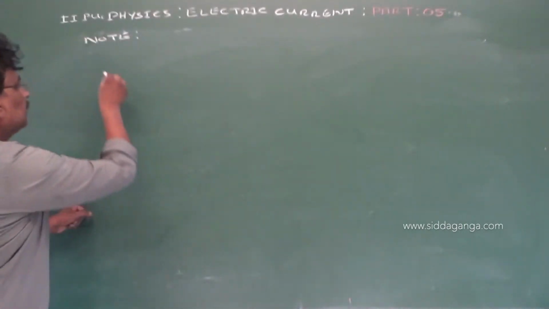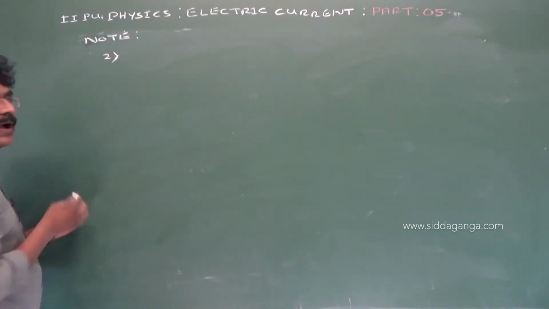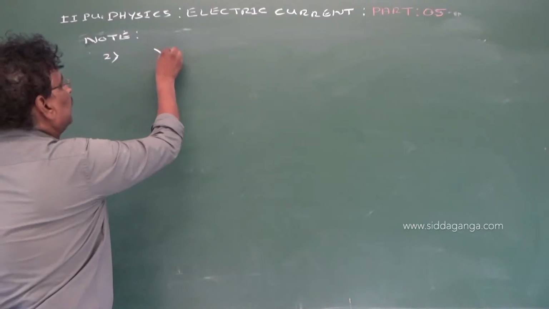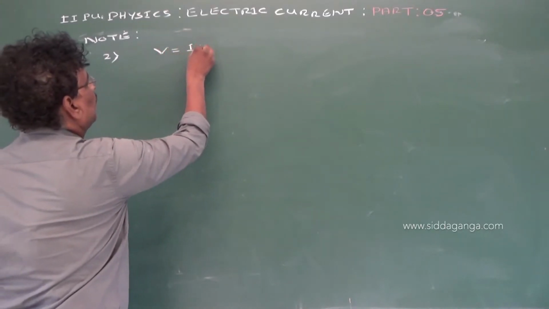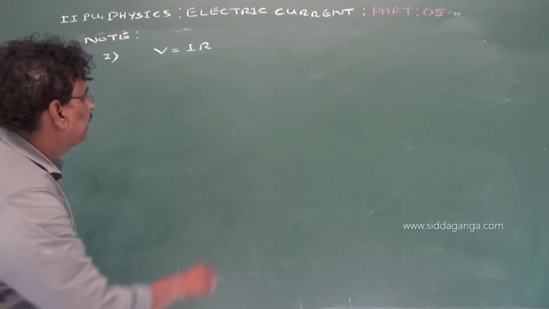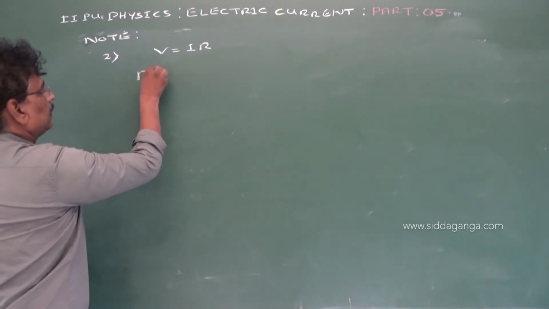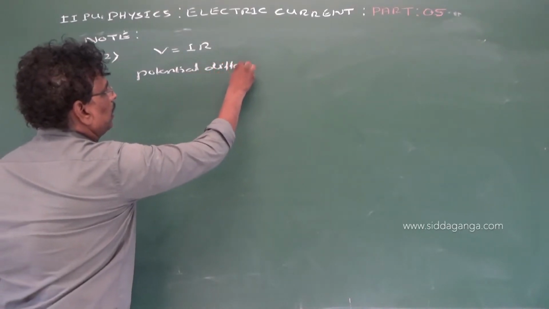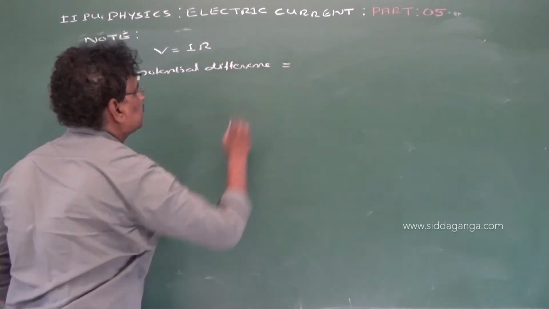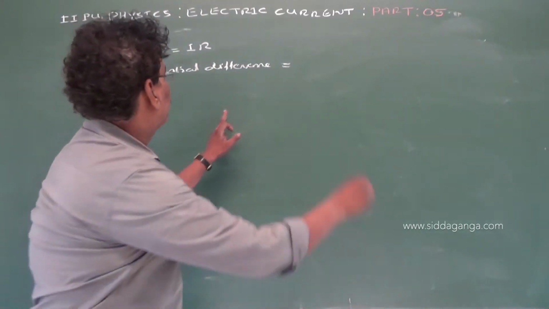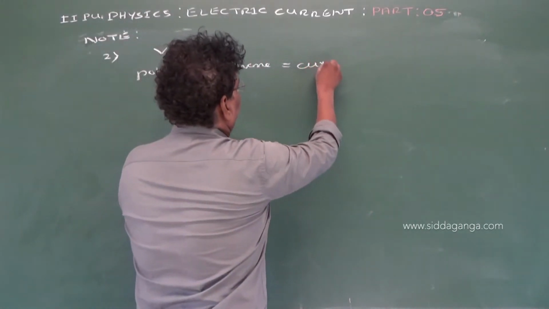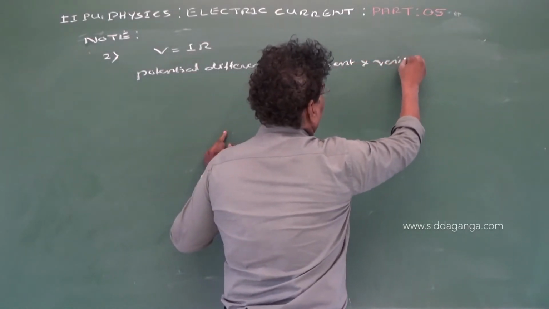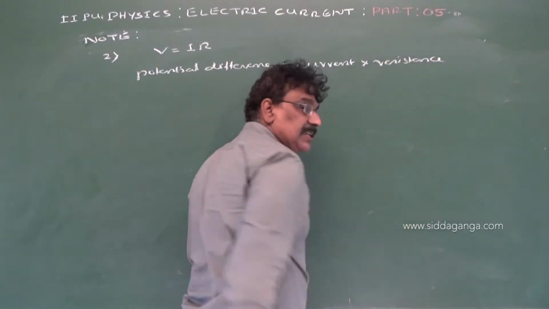Now another important point here. We have V is equal to IR. Here what is V? Potential difference is equal to current into resistance, right?